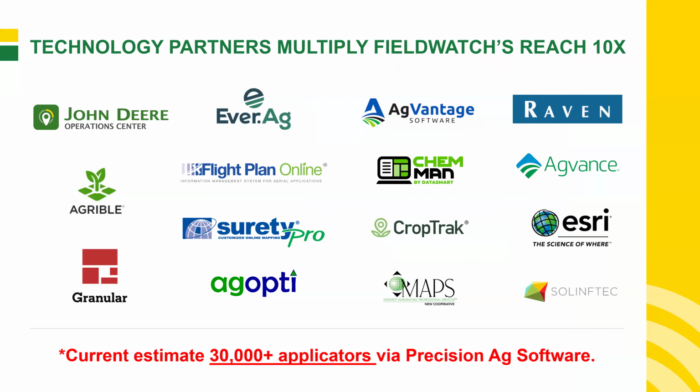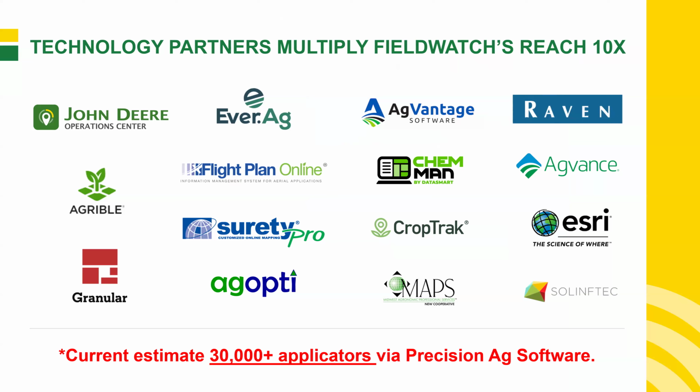So these are those precision ag or application platforms that I talked about. So everybody from John Deere in the upper left corner to, and I strategically do this specifically for the ag folks, Raven is owned by Case IH, and I try and put Deere and Case IH in very different corners of a screen.